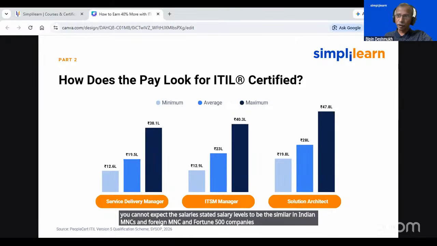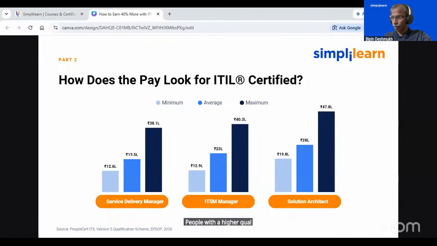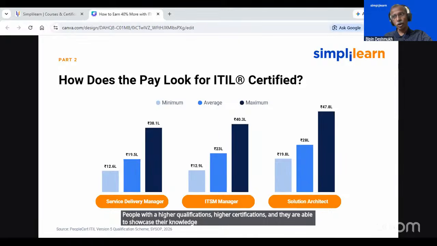They would differ definitely, but certainly people with higher qualifications and higher certifications, who are able to showcase their knowledge and its implementation, are likely to benefit over their non-certified peers in the longer run.